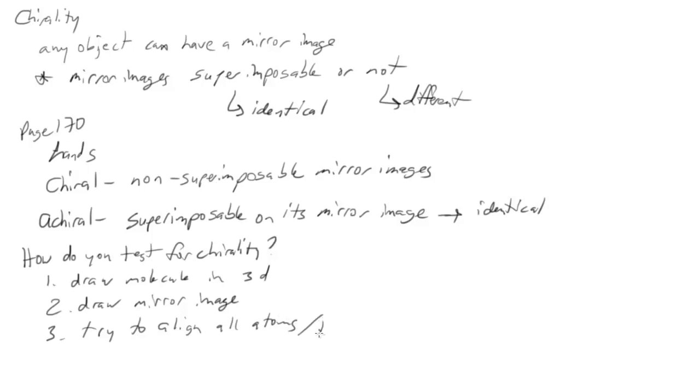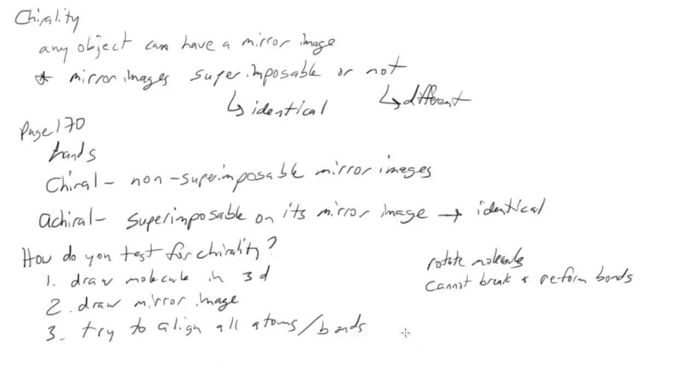And all the bonds. And when we do this, you're allowed to rotate the molecule any way you want. But you cannot break any bonds. This is also where some people would like to use a model set. So model sets can be helpful for this as well, for trying to understand chirality of molecules.